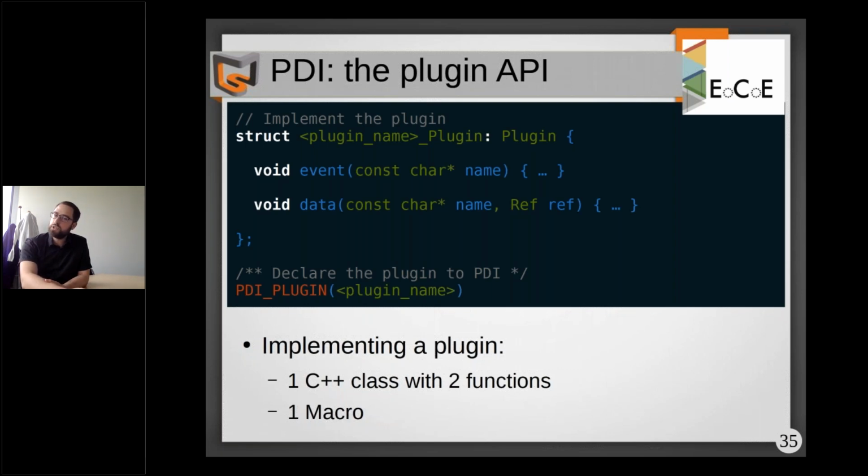The event function notifies you that an event has been triggered, and the data function notifies you that some data becomes available. So this is a C++ API. Plugins are written in C++, and then you just call a simple macro to register your plugin with PDI. So it is really, really simple to write a PDI plugin.